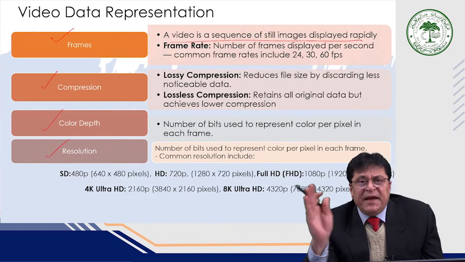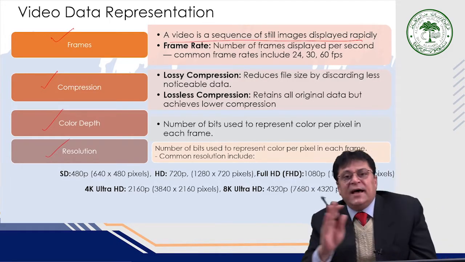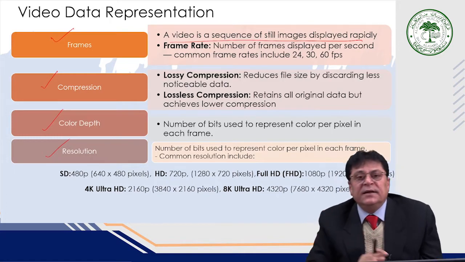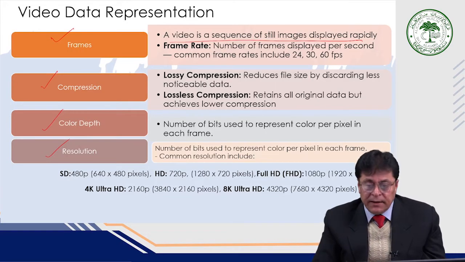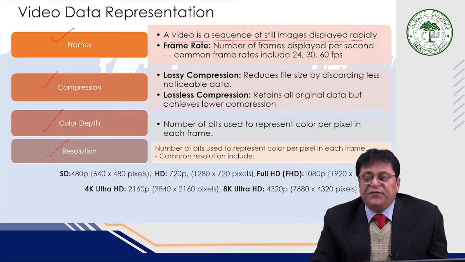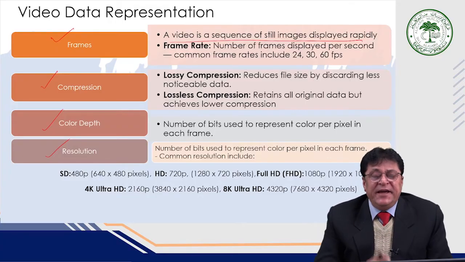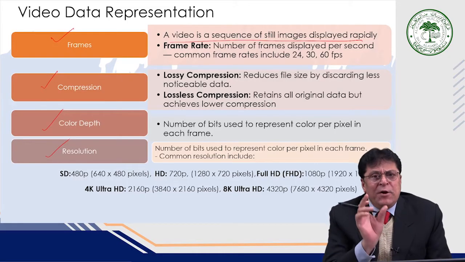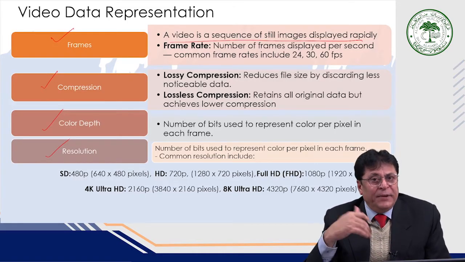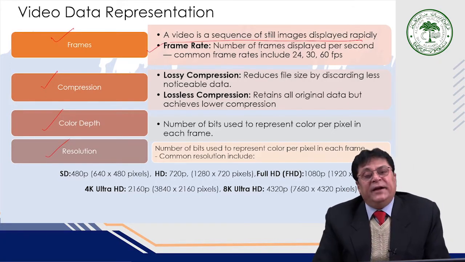A number of still images, when they are played in quick succession, give the impression of a movie, right? So, it is a sequence of still images which are displayed rapidly. Each still image represents a frame. It's called a frame. How many frames are played in a second gives the frame rate, right?